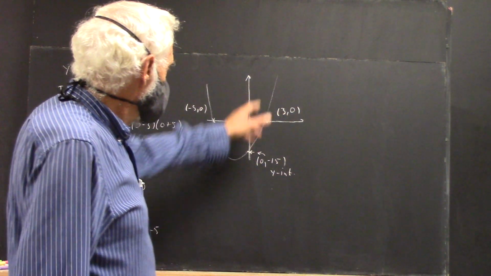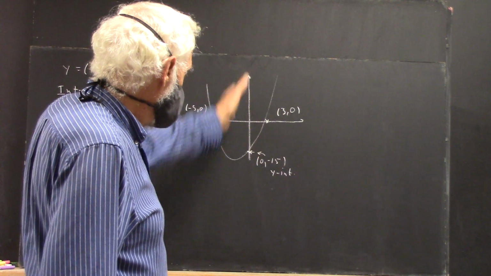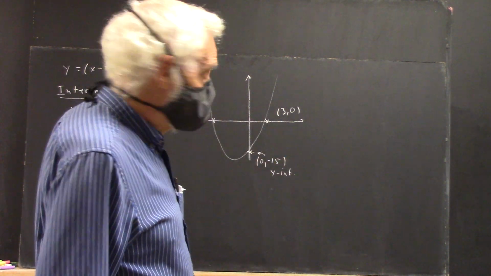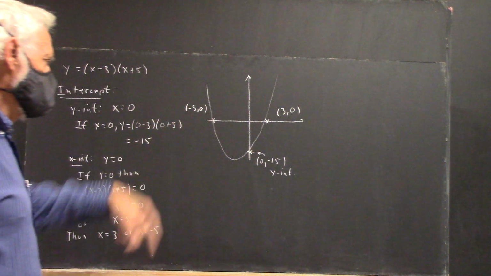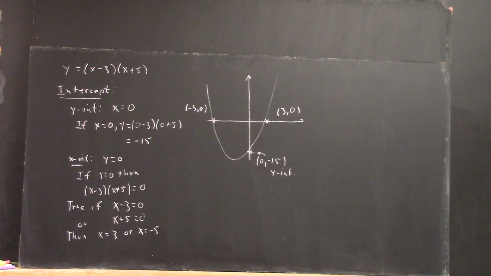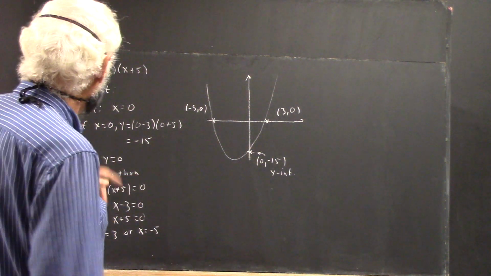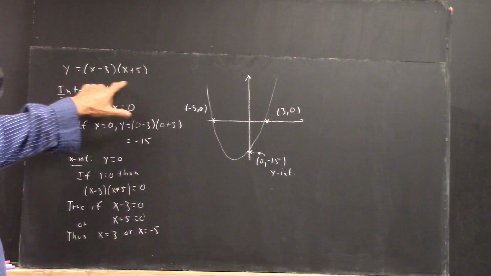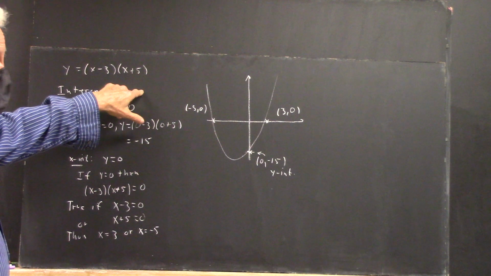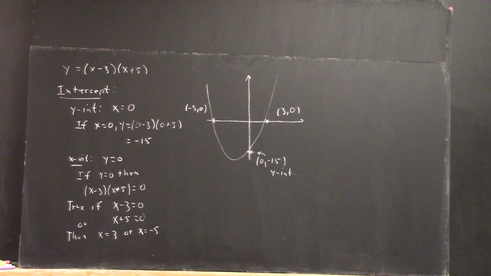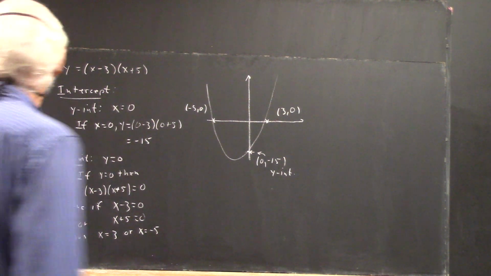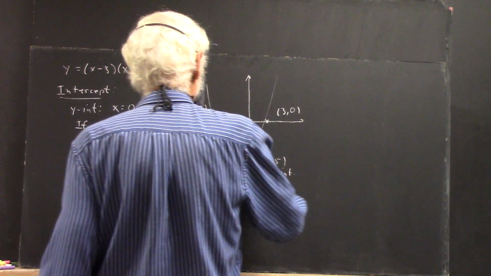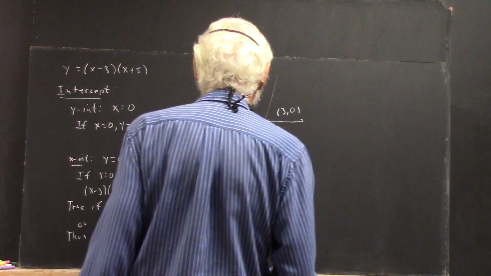This thing is supposed to be symmetric about a point halfway between here. But we're going to assume we don't know that. And that idea is not real useful for doing a polynomial with more factors. Okay?